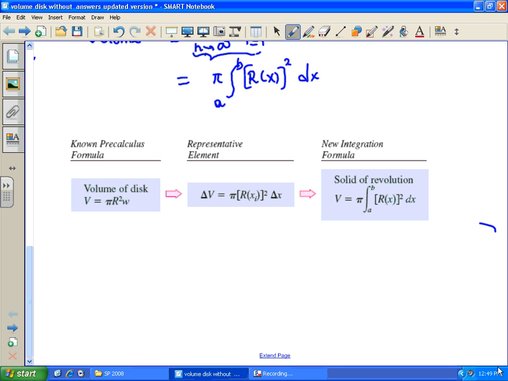Instead of w, we use delta x for our problems if the thickness is delta x. And again, when you sum it up and take the limit as n goes to infinity, you end up with pretty much the same expression, except you have an integral sign in front and the limits of integration a to b. Just remember, integration is basically doing an infinite summation for us, finding that total area.